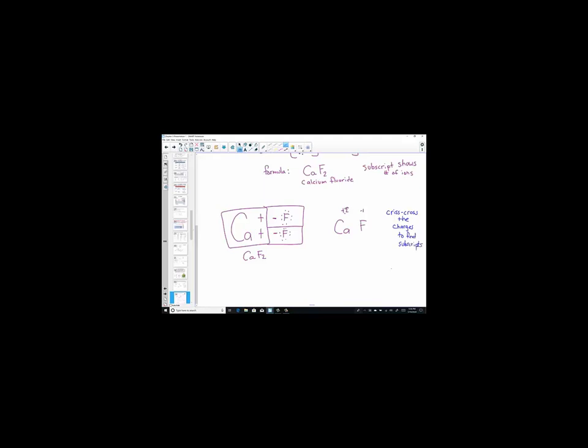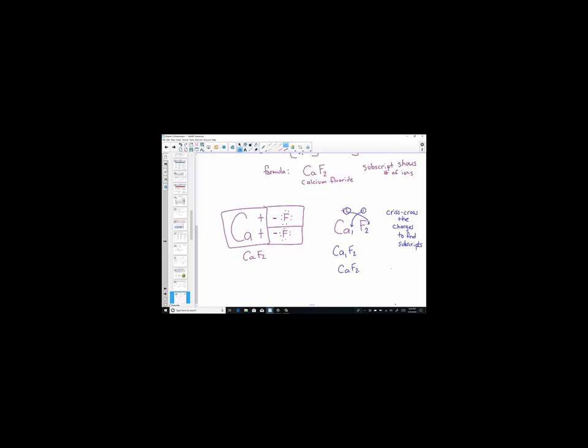The magnitude of the charge is going to get crisscrossed. Bring the 2 around and down. The magnitude of the charge is going to get crisscrossed. Bring the 1 around and down. For every 1 calcium, it takes 2 fluorines. Now we don't typically write the subscript of 1. We leave it off and assume it to be 1 when we don't see a value.